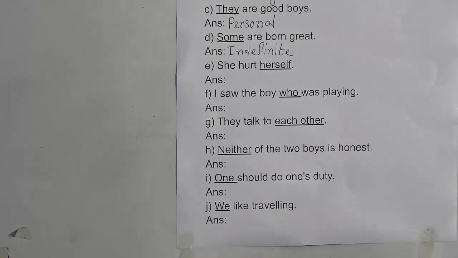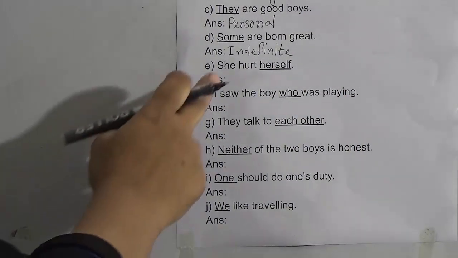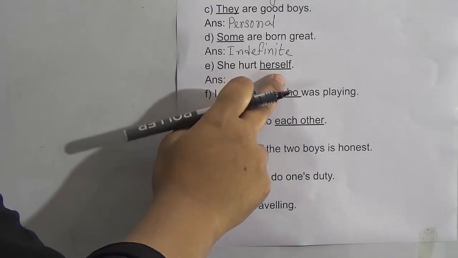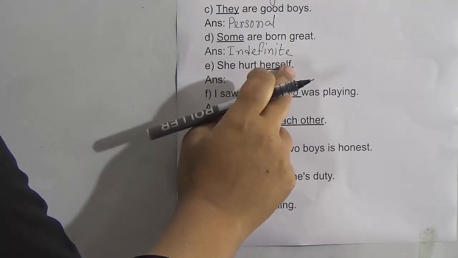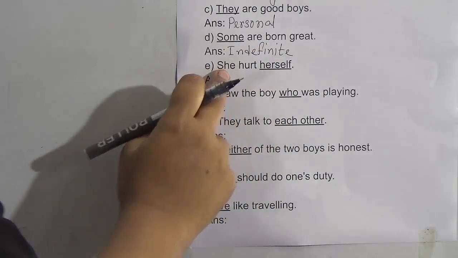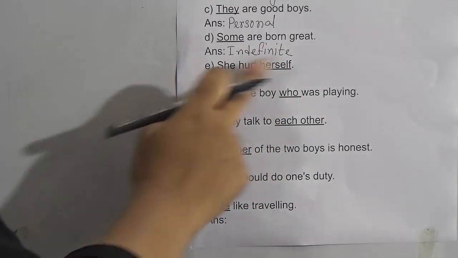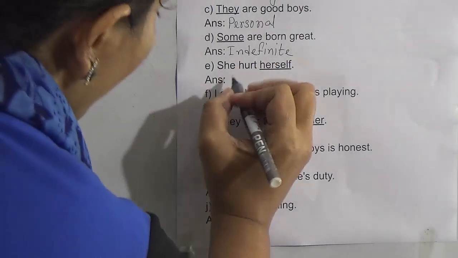Now number E, she hurt herself. Now look at this word herself, it is underlined here. She hurt herself, and herself reflects the subject she, right? So it will be reflexive pronoun.